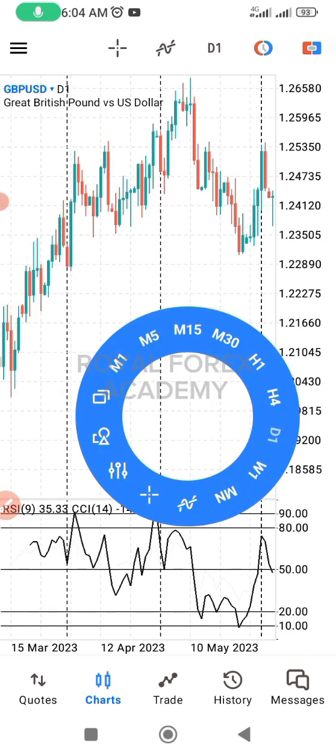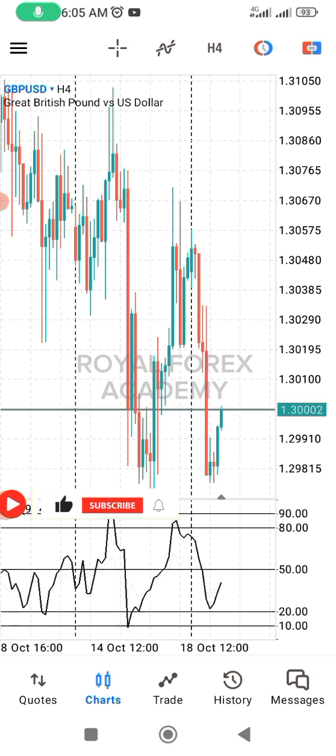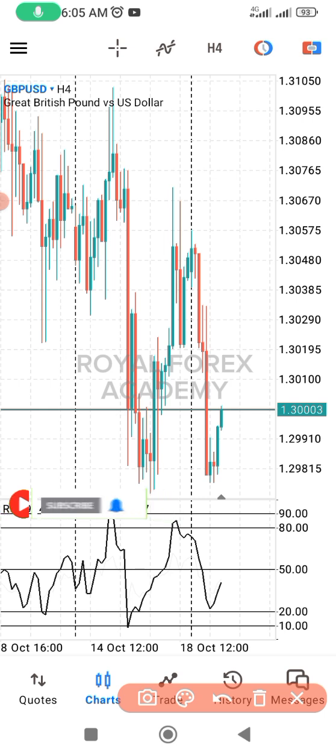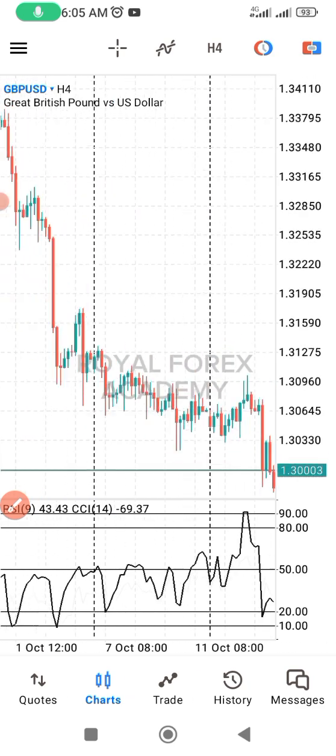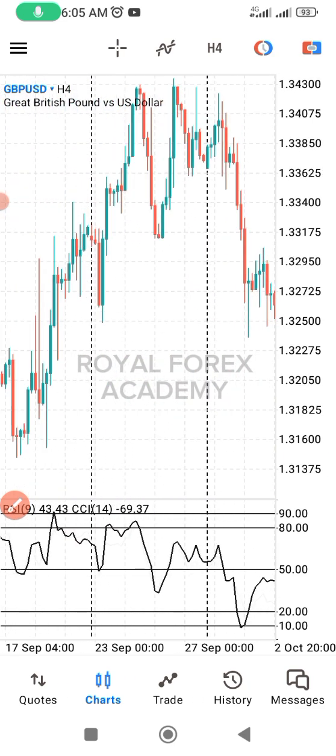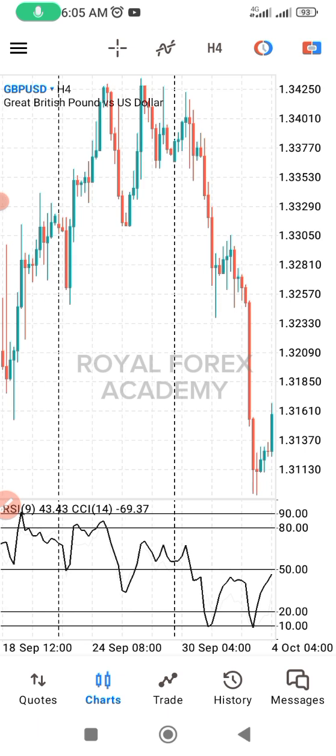Train your eye to recognize it, and once you have mastered how to identify it, here we have a particular one playing out now, right? This, and then look at what is happening. You can see that. So when you train your eye to identify this thing, you will be amazed.